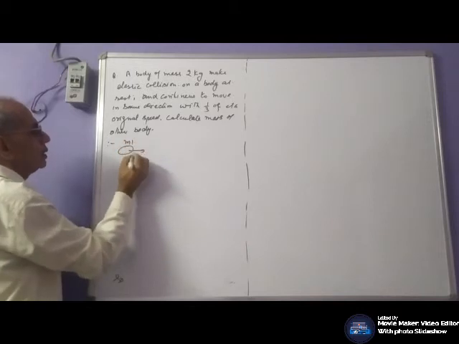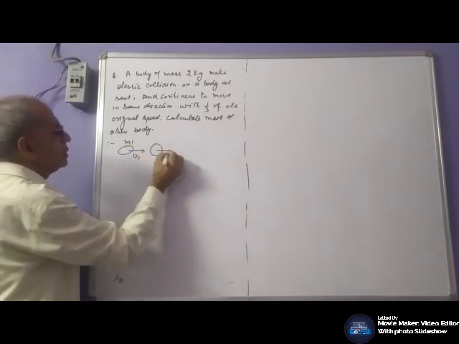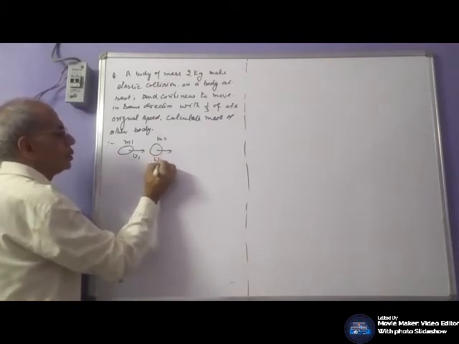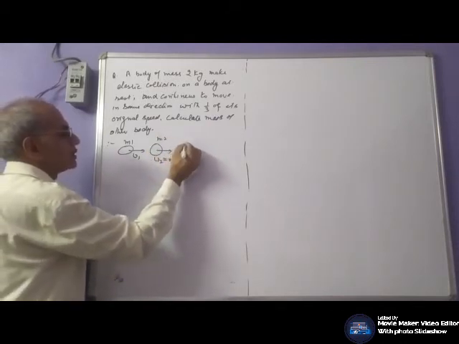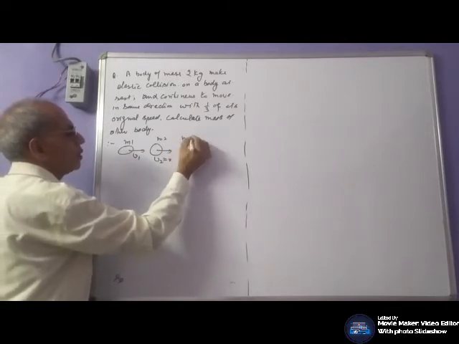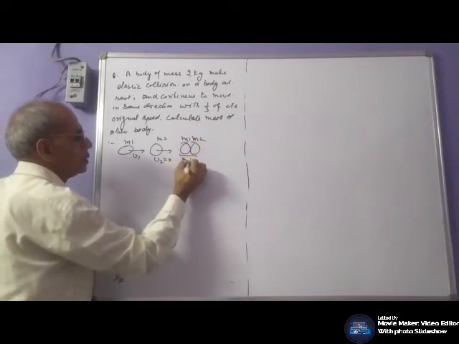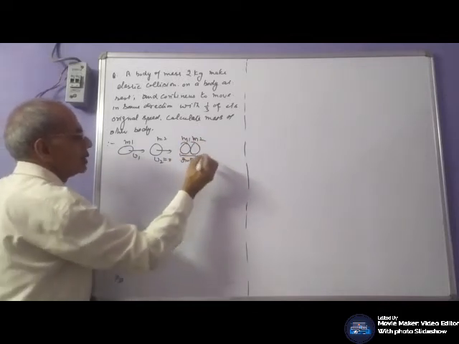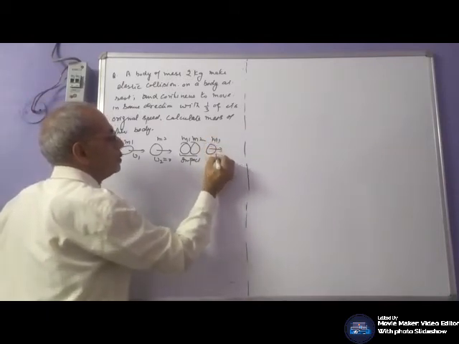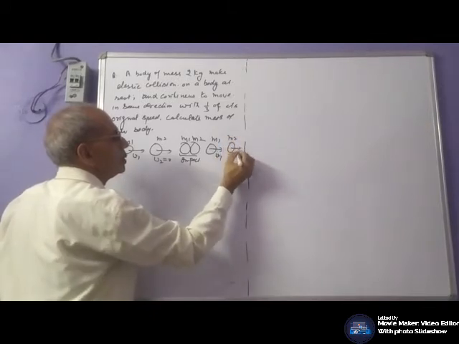This is M1, this is U1, this is M2, this is U2, and it is at rest. After impact, this is M1, V1, this is M2, V2.